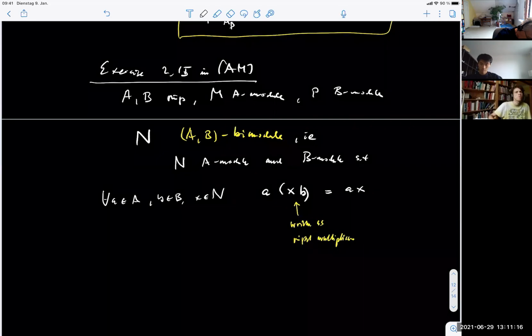So I write multiplication on the left with A and on the right with B, and this expresses that they commute. That's all. So this is a bimodule.